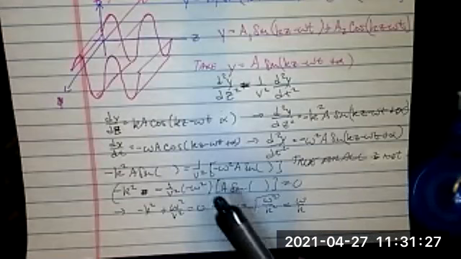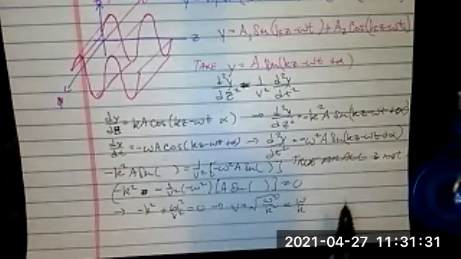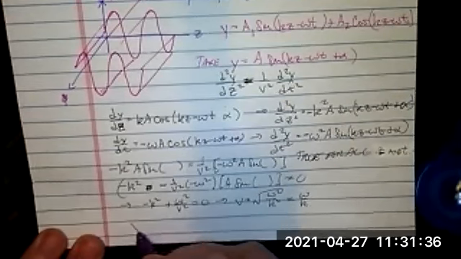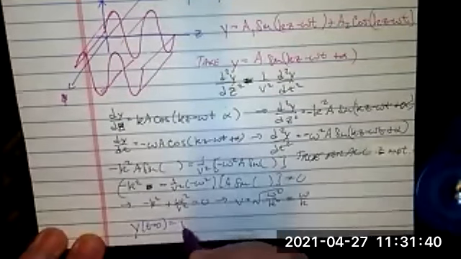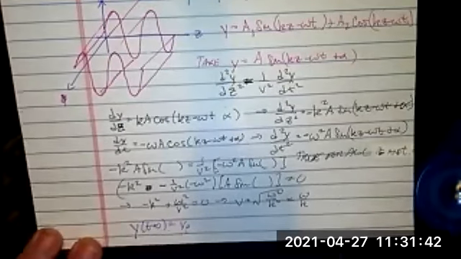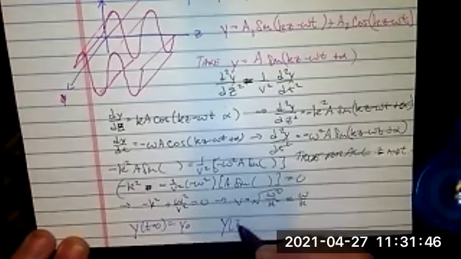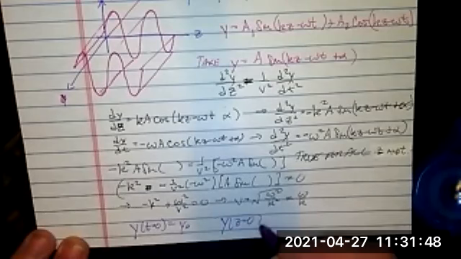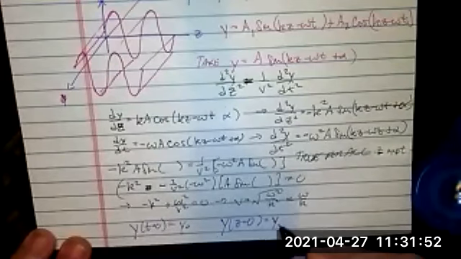All you have to do to evaluate alpha and A is be given, usually, y at t equals 0 equal to y0, and usually y at z equals 0 equal to y sub z0.